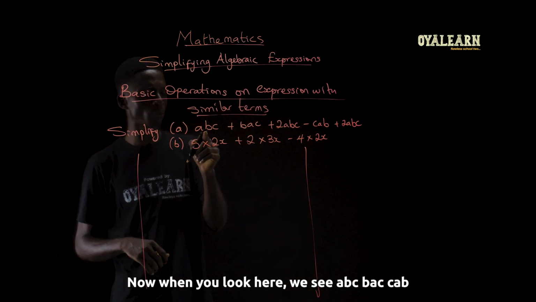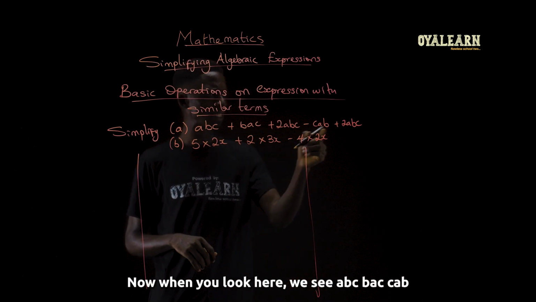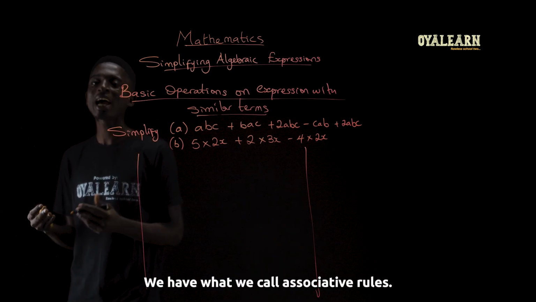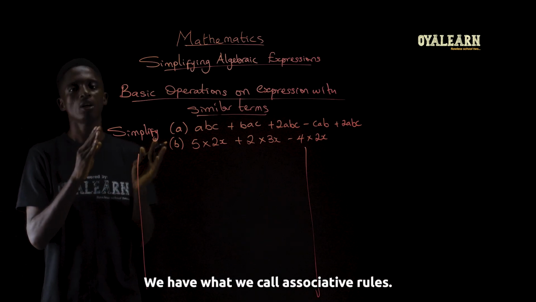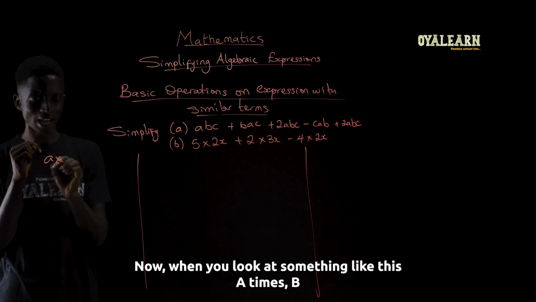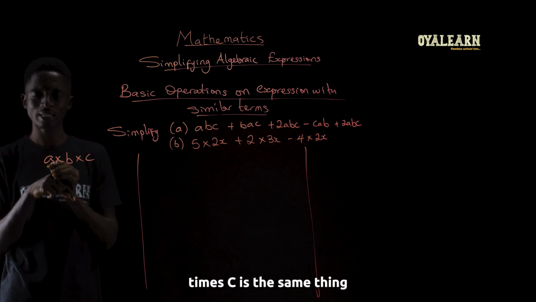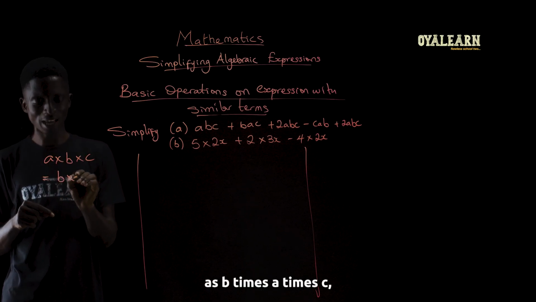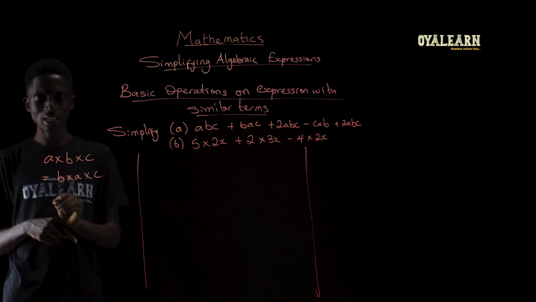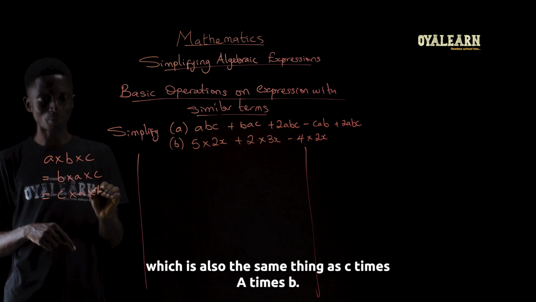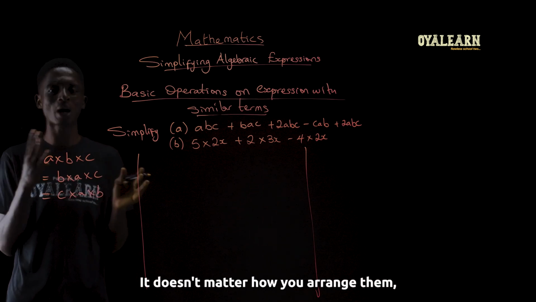Now, when you look here, we see ABC, BAC, CAB. What does that mean? See, there's something about multiplication. They have what we call associative rules. When you look at something like this, A times B times C is the same thing as B times A times C, which is also the same thing as C times A times B. It doesn't matter how you arrange them.